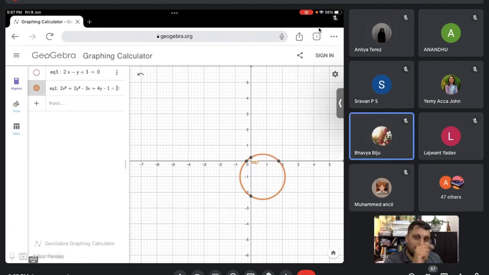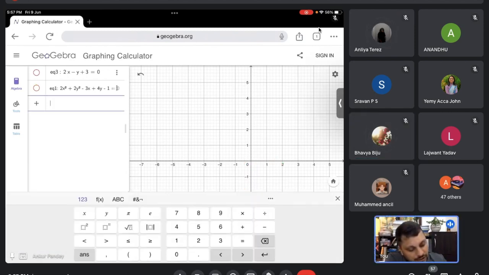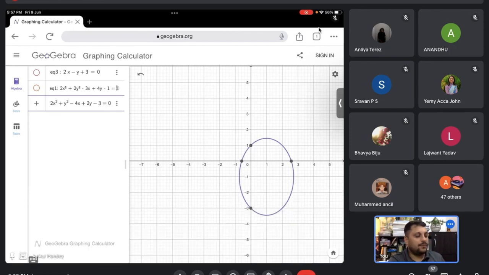Shabash. Let's try another shape where 2x square plus y square minus 4x plus 2y minus 3 equal to 0. It's an ellipse. Why?